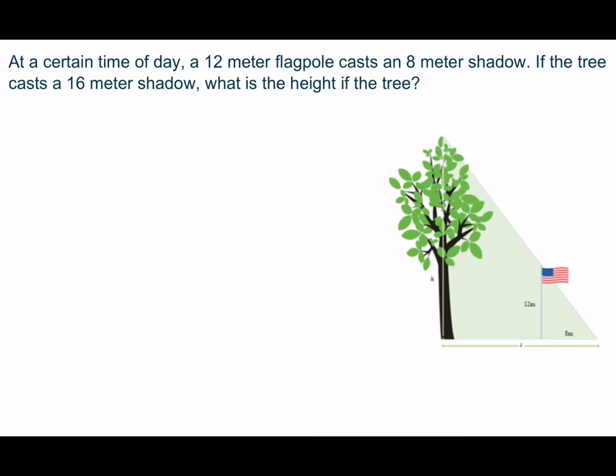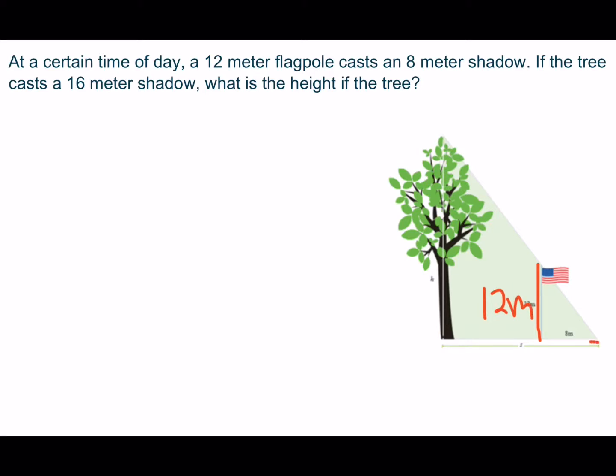Let's look at some applications or real-world problems involving similar figures. You can use similar figures to help you find the lengths, the heights of objects that are beyond your ability to measure. So for example, let's look at this. It says at a certain time of day, a 12-meter flagpole, so this right here, 12 meters, casts an 8-meter shadow.